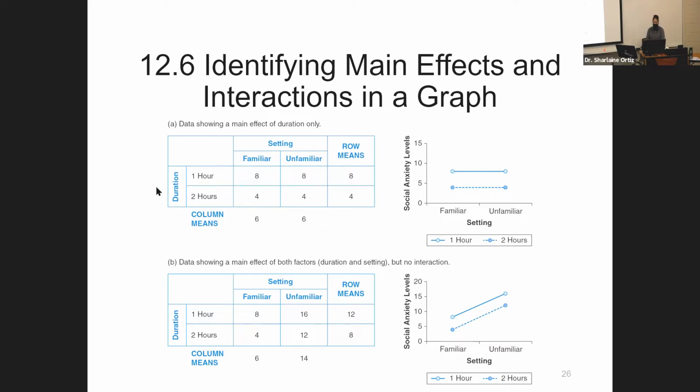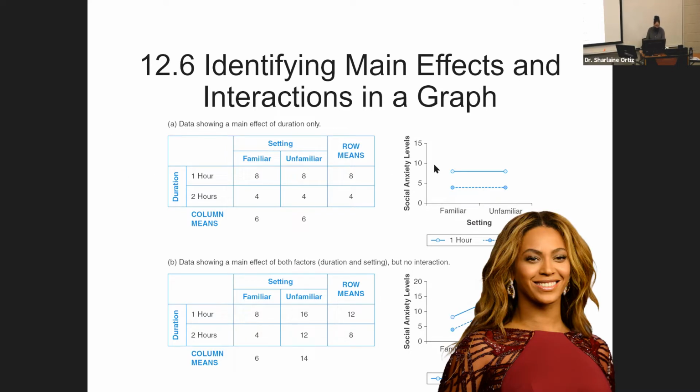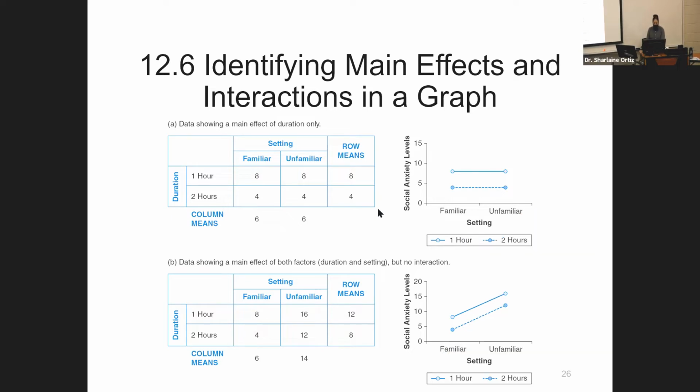Notice that we're only focusing on the interaction between factor A and factor B. If we are indeed interested in understanding this table, in this specific regard we're only focusing on the main effect of duration only. So if I were to provide you with an explanation of this particular graph, notice that we're only focusing on the duration.